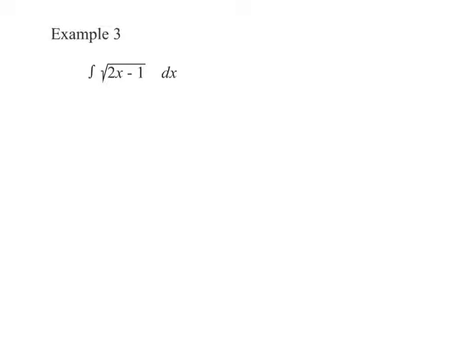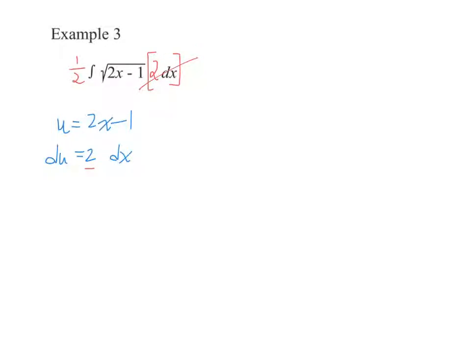Okay, let's look at another one. In this problem, u is 2x minus 1, so du is supposed to be 2. But there's absolutely nothing with a dx in this problem. Well, I can put the 2 in there. Just like before, I'll compensate with a 1/2 in front.